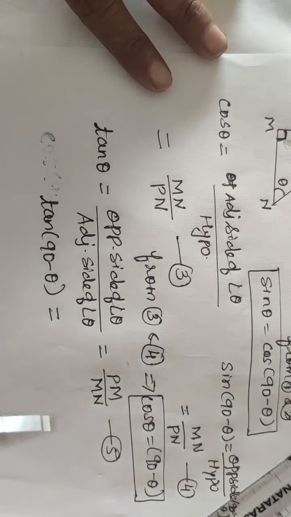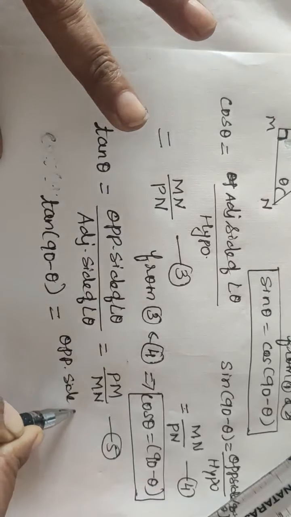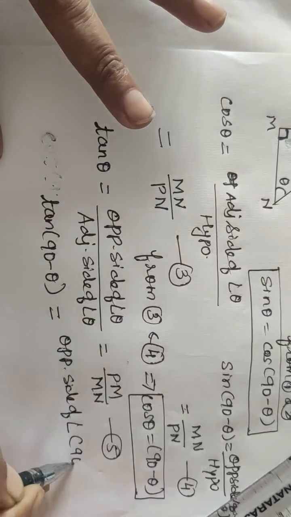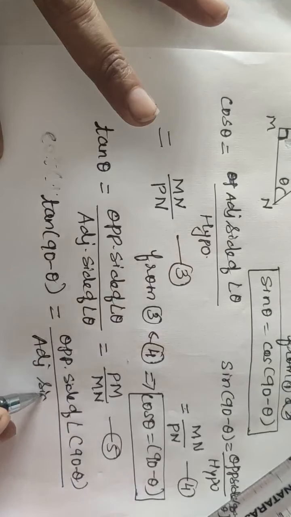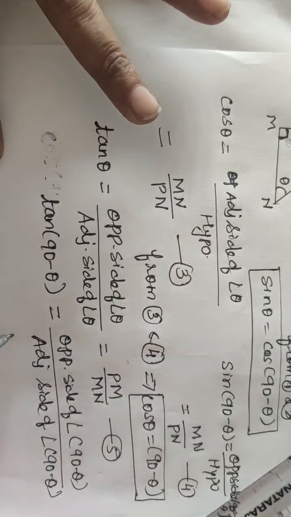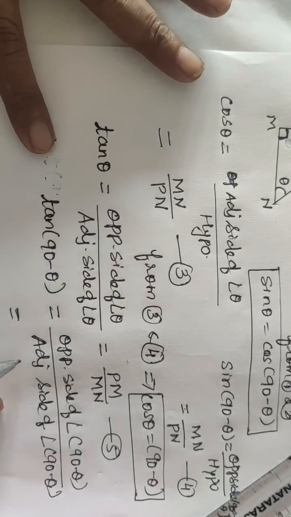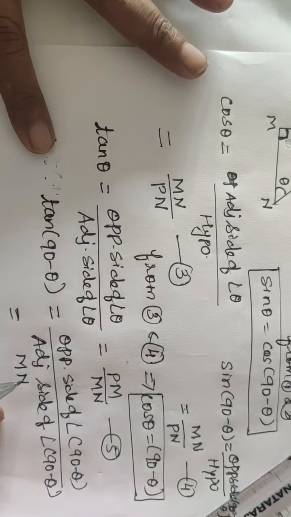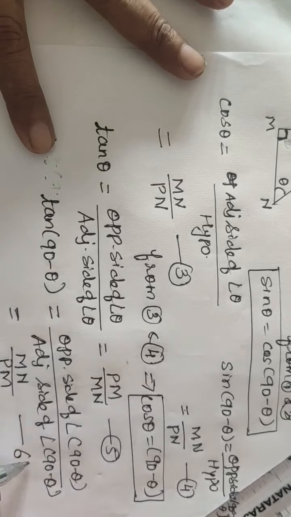So let's write the ratio: tan of 90 minus theta is the opposite side of angle 90 minus theta by the adjacent side of angle 90 minus theta. We have just seen in the figure that you get this as MN by PM. Now give it number 6.